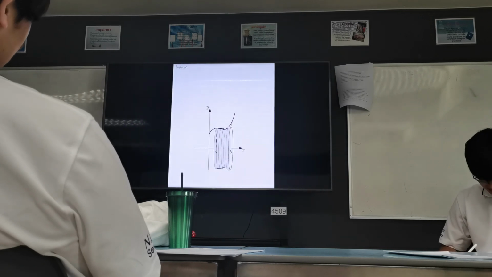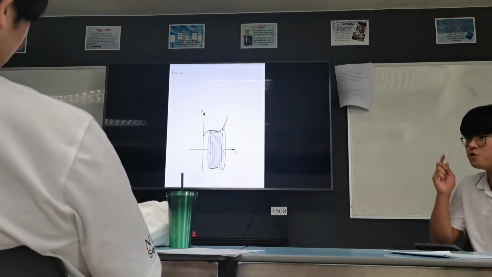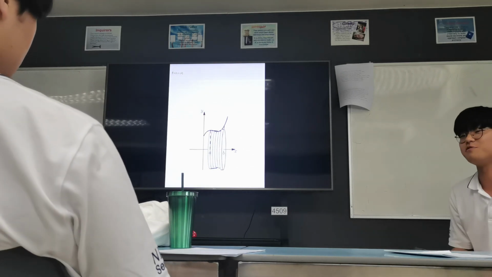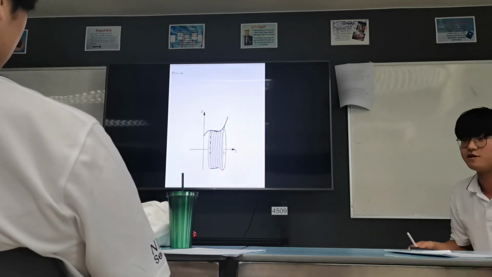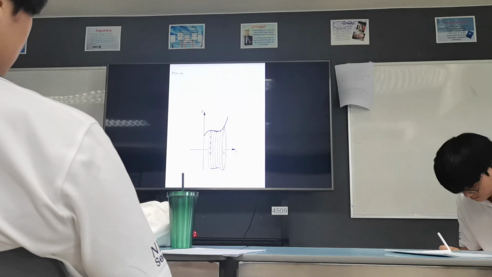So if we imagine adding up all those cylinders, what do you think is going to happen to the volume of this rotation?